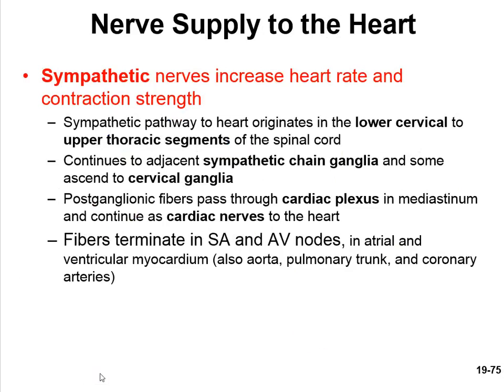Remember the autonomic nervous system? Well, the heart itself pumps on its own, but it can be influenced by other sources in the body, including the sympathetic nervous system, which speeds it up. Their fibers terminate in the SA and the AV nodes.